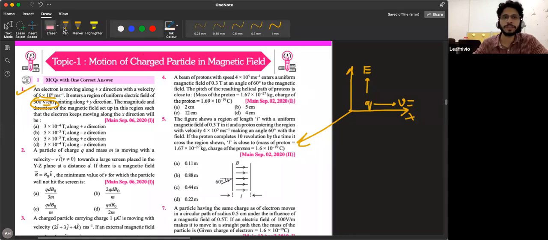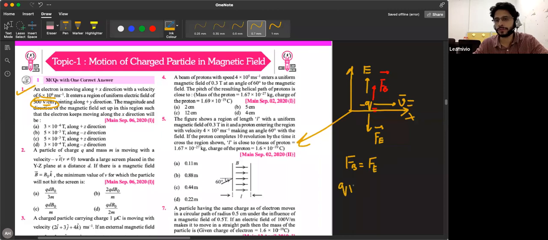So this negatively charged particle will experience the electric force in the downwards direction. If you want this particle to pass with a fixed velocity, the magnetic force should act in the upwards direction. So for the equilibrium of this particle, the magnetic force and electric force should balance each other. Magnetic force should be equal to the electric force.